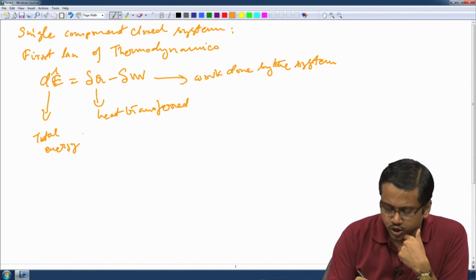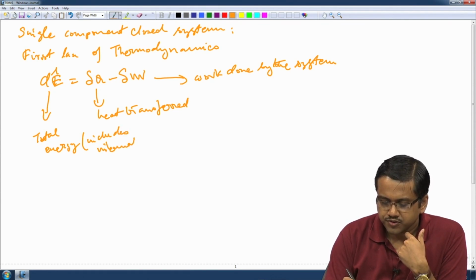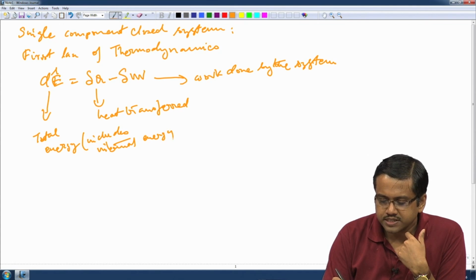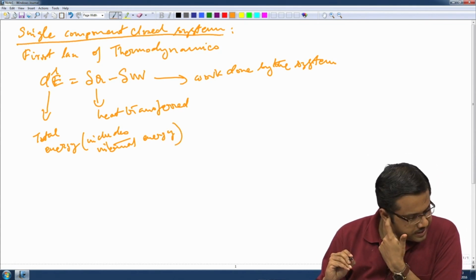Total energy includes the internal energy. So, this is the first law that you know for any single component closed system, right.